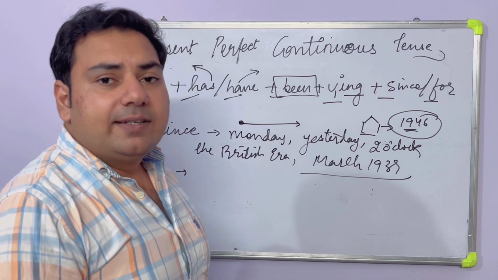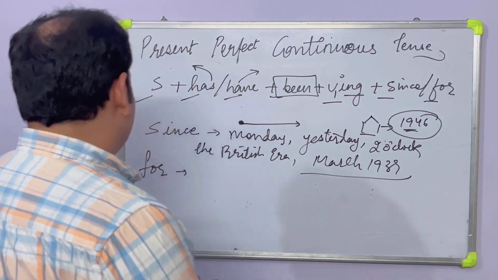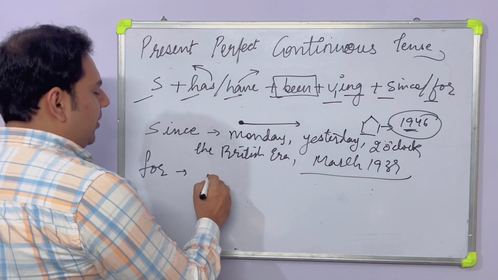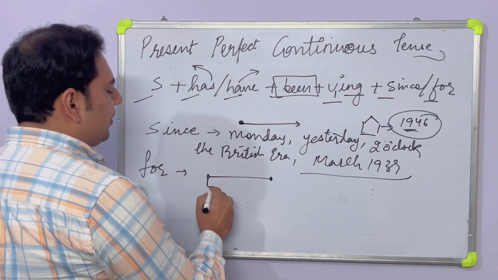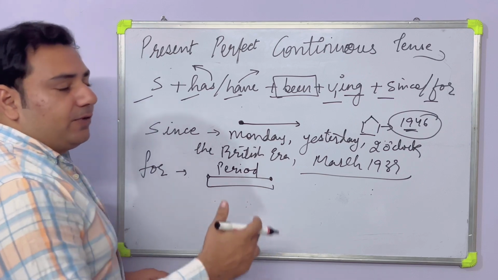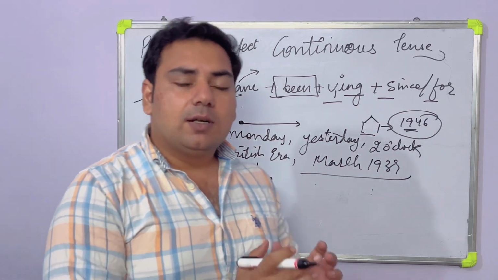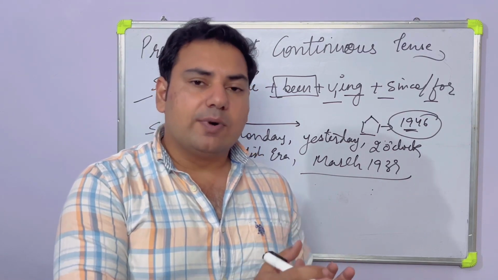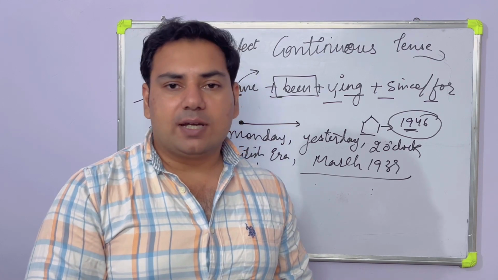Now the next thing is for. Okay, so with for we will be pointing to a particular period of time. Okay, so this is going to be with a period of time, within a particular period. We are going to work with that.